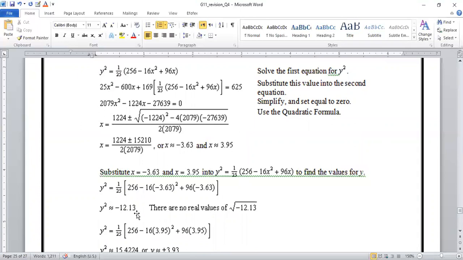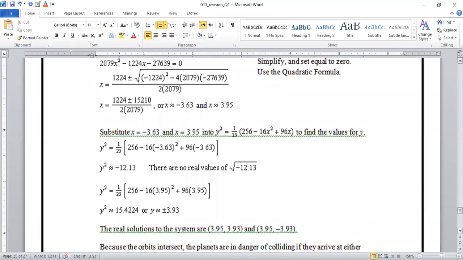y squared equals -12.13. There are no real values. Okay, y squared equals 15.4224, or y equals positive or negative 3.93.